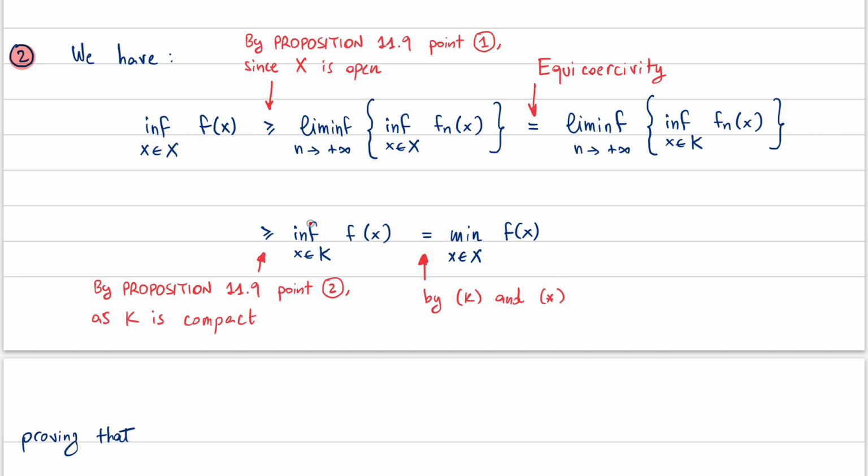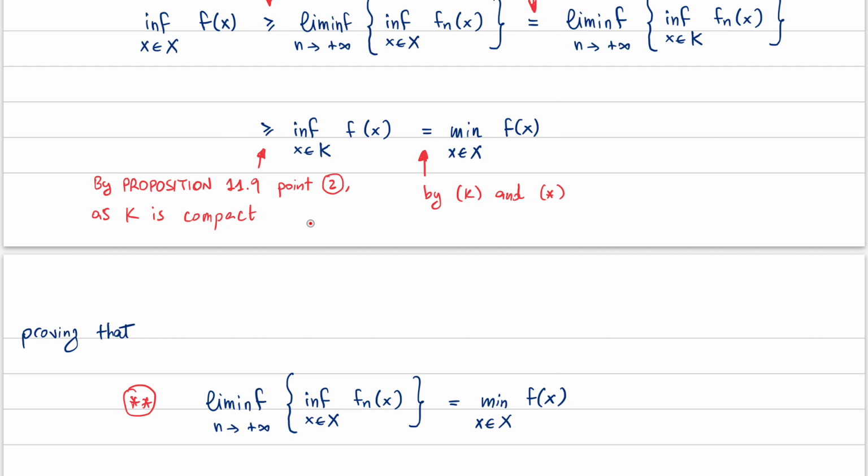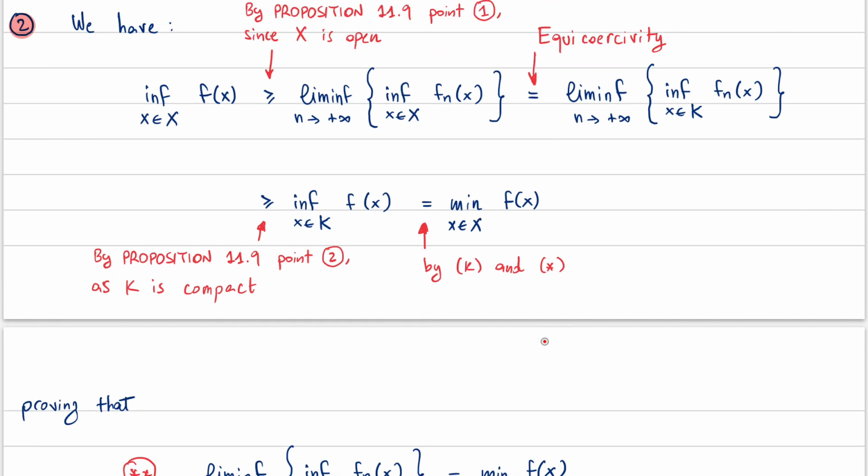Okay, so this shows that the lim-inf for these problems here is equal to the minimum of the gamma limit over the whole space. Yeah, sorry, I got a bit confused.